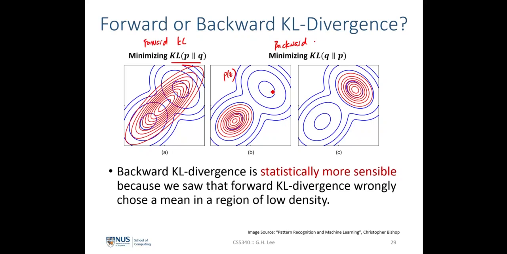We see that there are two peaks with a unimodal proposal distribution Q(Z), as shown by this red curve.